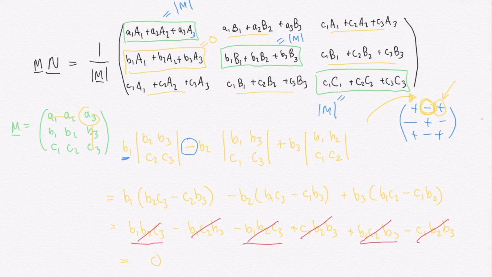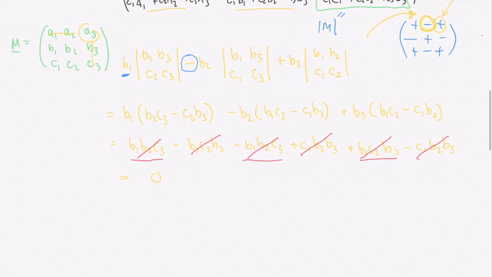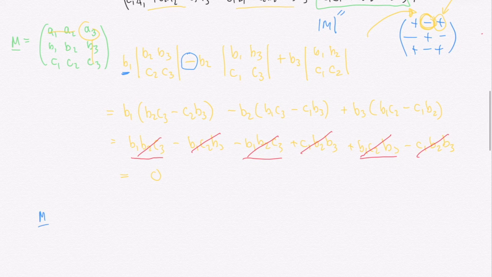So what does this mean? Well, what this means here is if we get m times n is equal to 1 over the determinant of m. And remember, this is presuming that the determinant of m is not equal to 0.